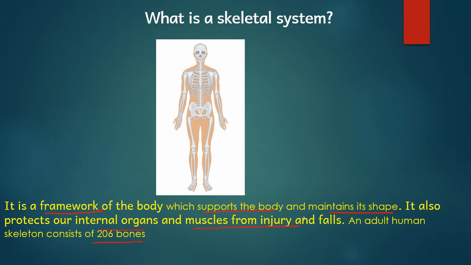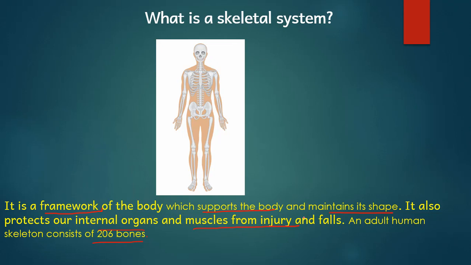Whenever I want to gift you any delicate item, suppose I want to give you a frame of glass, what will I do? I will pack it in a hard box and then only I will give it to you to keep it safe, right? Otherwise, if I give it to you directly, there are chances that it will break.